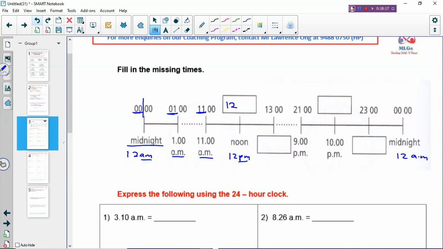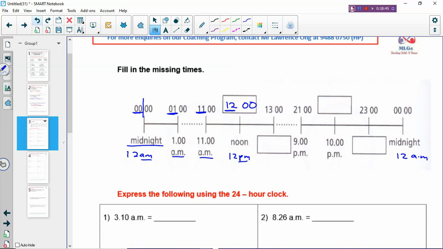When you see the 12, then that is afternoon. So in your 24-hour clock, when the first 2 digits are 12 and greater, then it's afternoon time. But if the first 2 digits are less than 12, then that is morning.